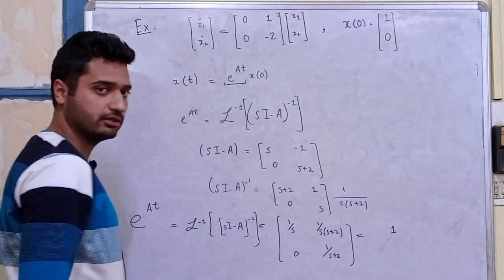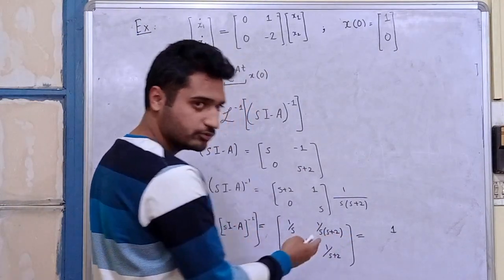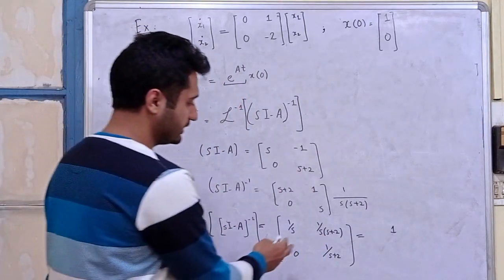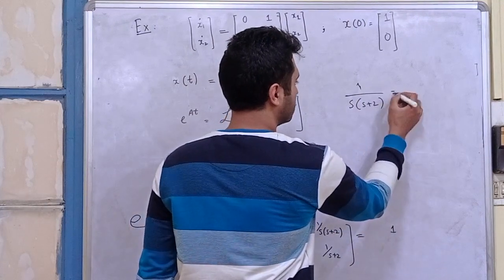And इसका 1, basically u(t) लिखते हैं, और 1. इसका क्या आएगा? 1 by s into s plus 2. इसका usually partial fractions करते हैं. We do it like this.